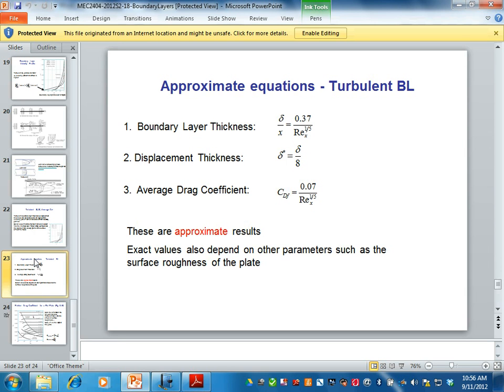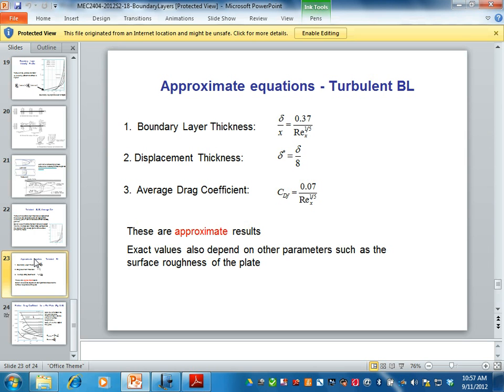There's no simple velocity profile for turbulent flow. So all these values are measured experimentally for turbulent flow: delta over x, delta star, and C_Df. So you just use these. We'll do examples on this next time.